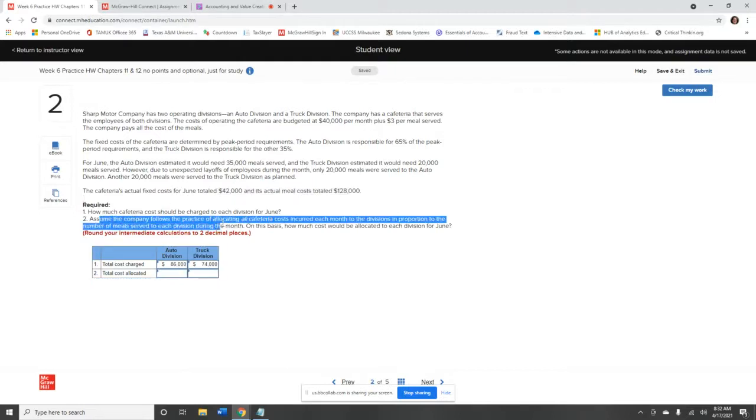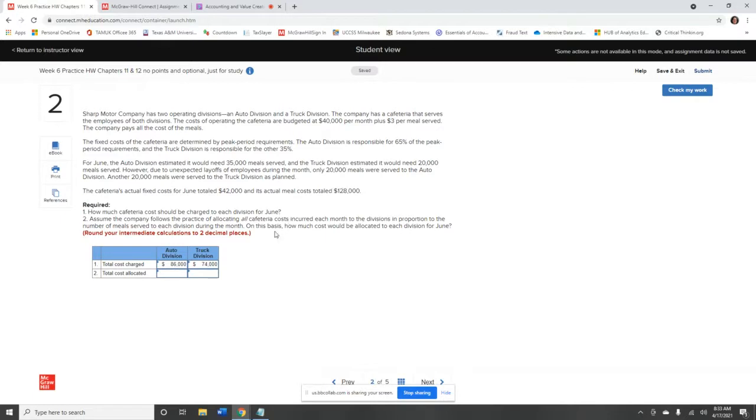All right. So now we're going to do this, total costs allocated. Okay, so assume they practice allocating all costs, right? Instead of ending up with this variance of 2,000 spending variance on the fixed and 8,000 spending variance on the meal variable costs, we just want to allocate all the actual costs.